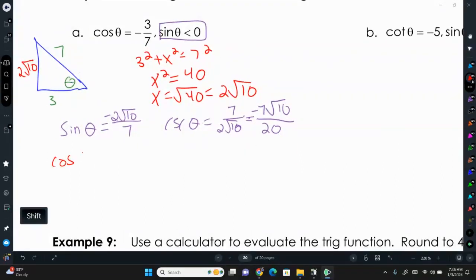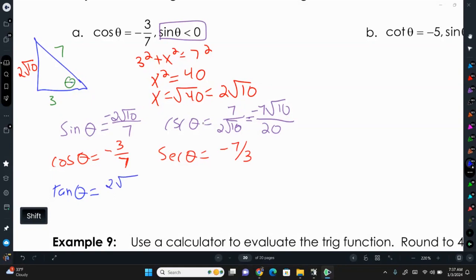Then cosine, we were already given cosine, negative 3 over 7, which means secant is negative 7 over 3. Tangent is the opposite over adjacent, so 2 times the square root of 10 over 3.